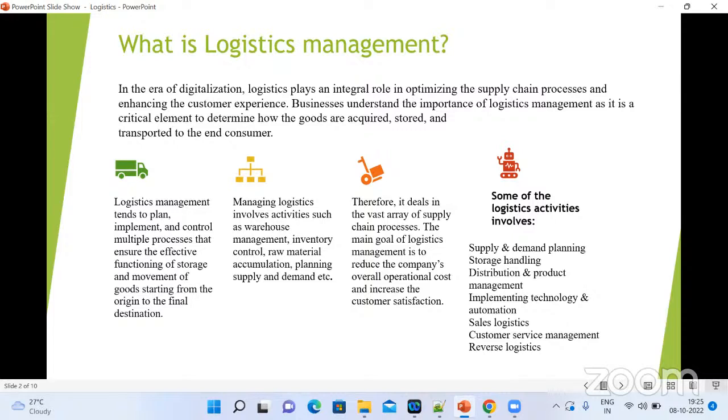All these things need to be linked one by one, so we need logistics. It is a critical element in how goods are acquired, stored, and transported to the end customer.